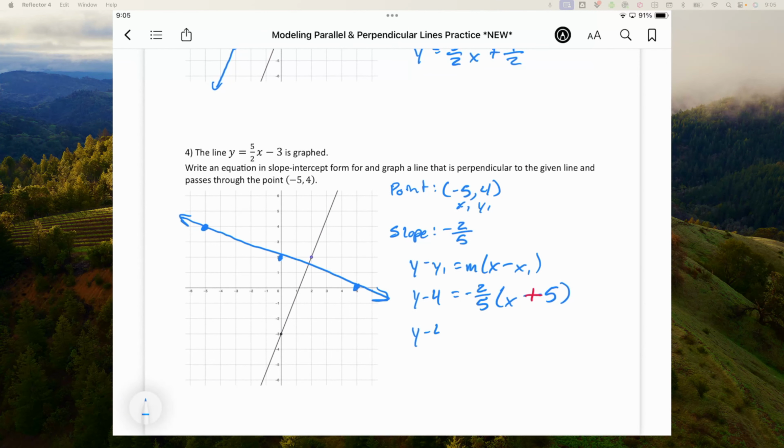So y minus 4 is equal to -2/5 x minus 10/5, and I will rewrite that to be 2. So then we add 4 to both sides, and we get y is equal to -2/5 x plus 2. Okay.